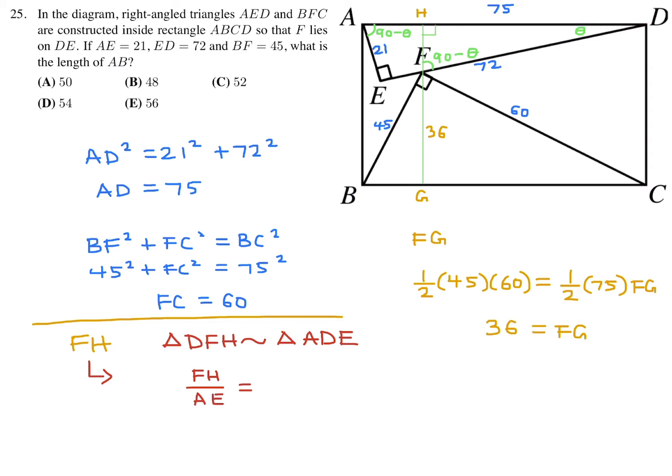And the 90 and the theta side on the other triangle is this one, ED. So HD over ED. There you go. And I think this should do it. Let's see here. FH, well, that's obviously what we're trying to figure out. AE, do we know the length of that? Yes, we do. It's 21. And then HD, from here to here, do we know the length of that?